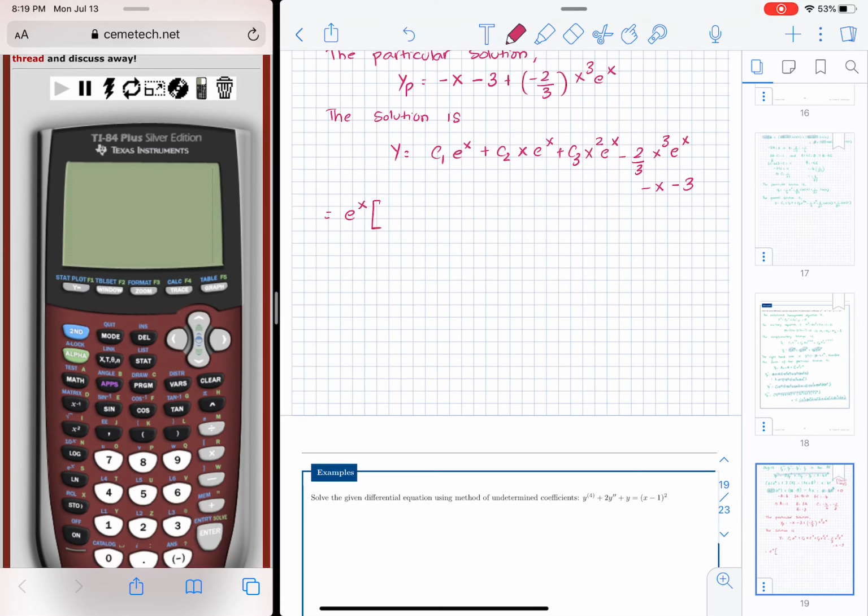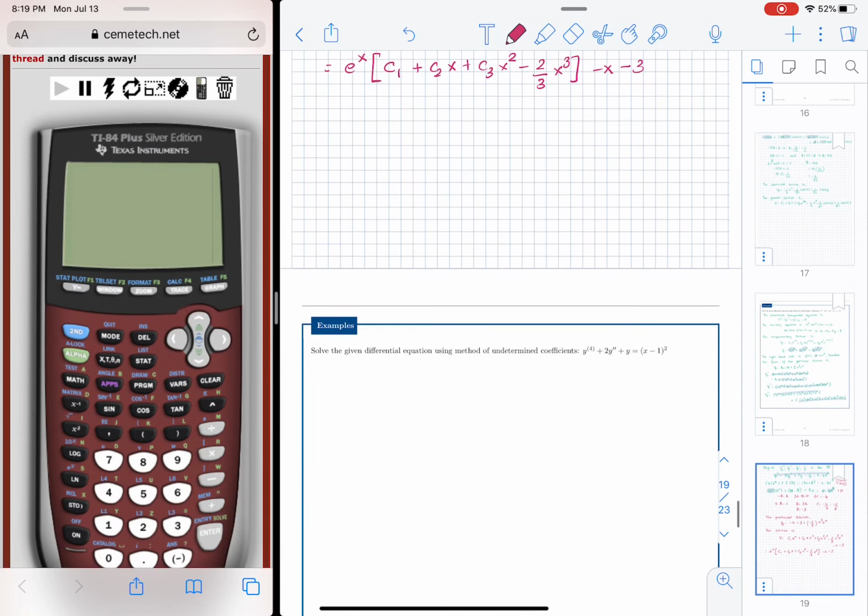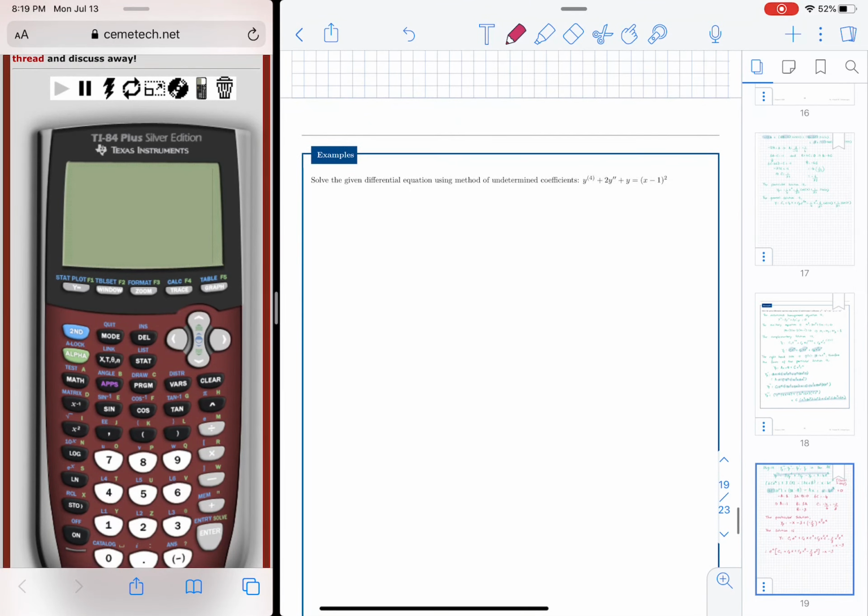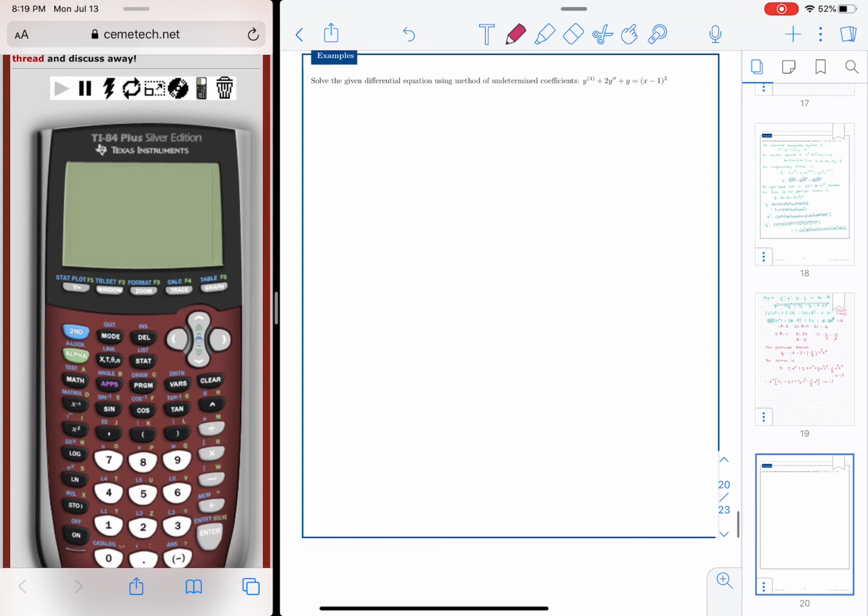I will have c1 plus c2x plus c3x squared minus 2 over 3x cubed minus x minus 3. Now we are getting into higher order territory.